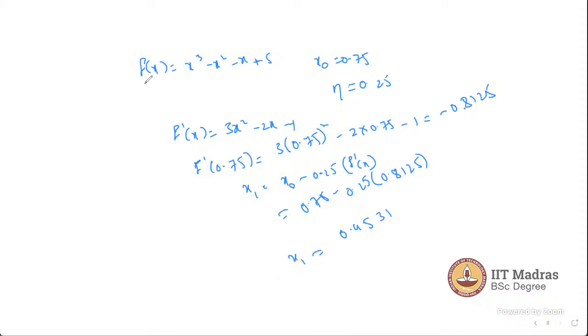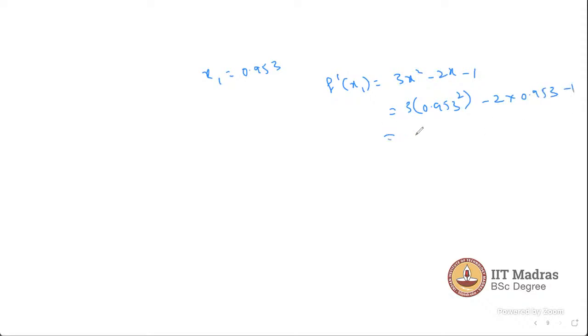I don't think f of x1 will be close to 4, so we'll compute x2. So f dash of x1 is equal to 3x square minus 2x minus 1. Substituting this, we get 3 into 0.953 square minus 2 into 0.953 minus 1. What is this value?